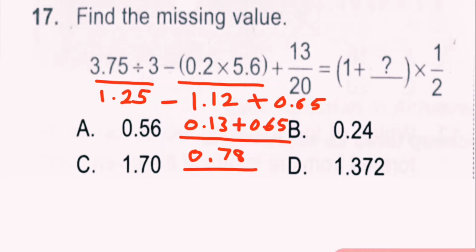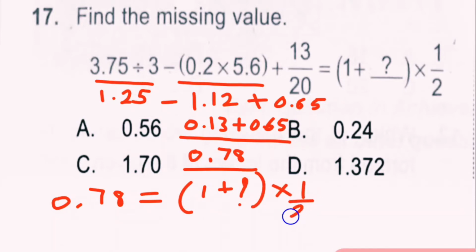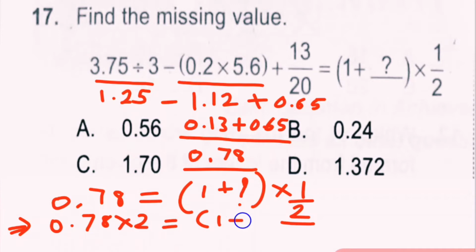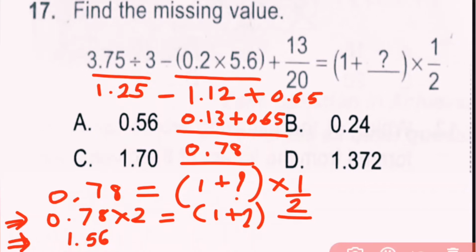So here the left hand side 0.78 is equal to 1 plus question mark into 1 by 2. Now here 2 is in the denominator, so this side it will come in the numerator. So 0.78 into 2 is equal to 1 plus question mark. 0.78 into 2 is 1.56, which is equal to 1 plus question mark.